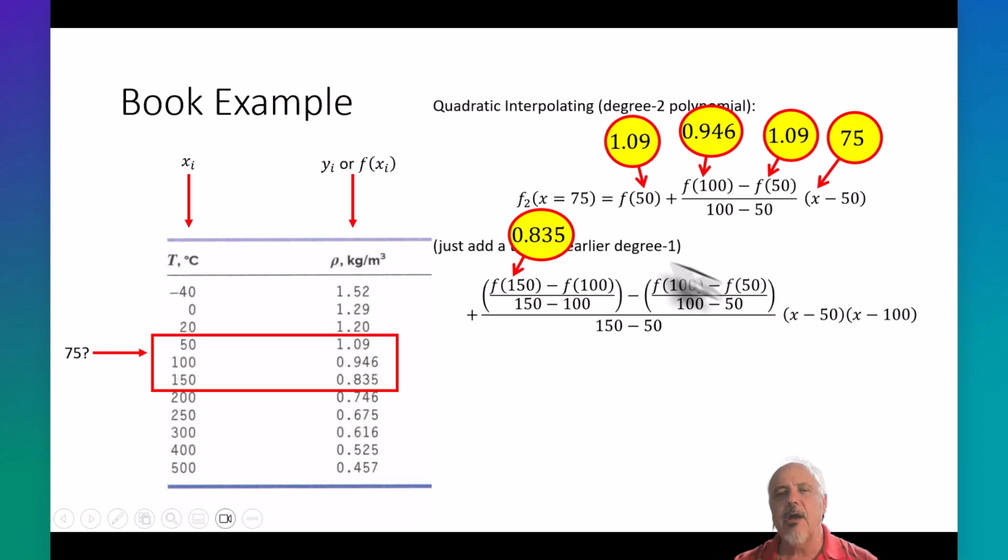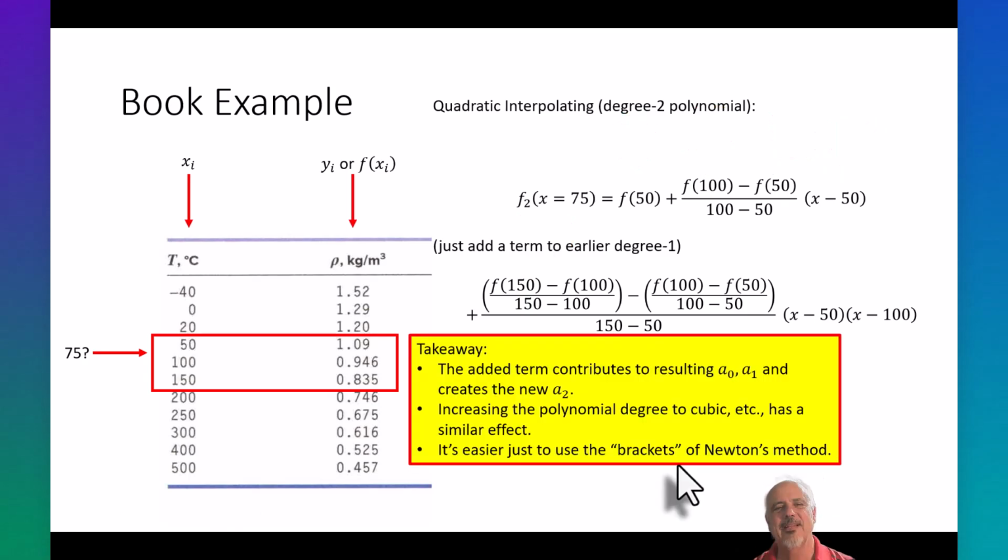So every time we add a term with the Newton's method, it's very convenient, by the way. But every time we add a term, we're actually changing all of the coefficients of our polynomial. Okay, what's the takeaway here? We've added a term, and it's going to affect all of the earlier coefficients that we had.